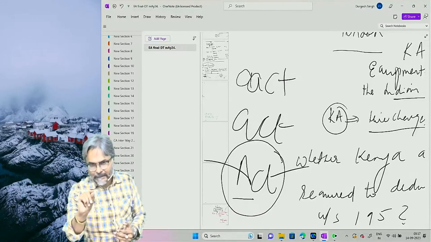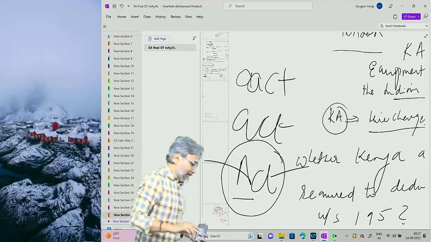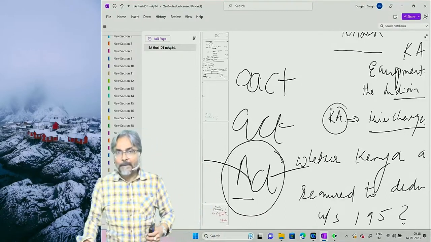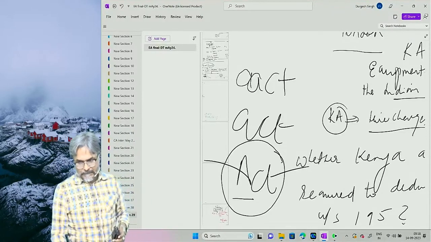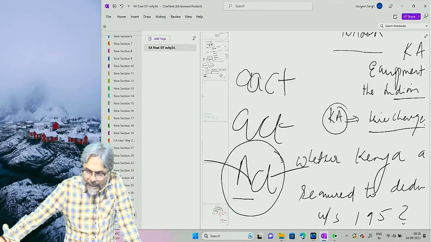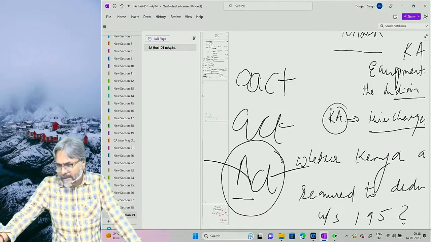Now you have one line, the last line: chargeable to tax under the Act, comma, the payer shall be under the obligation to deduct the TDS.